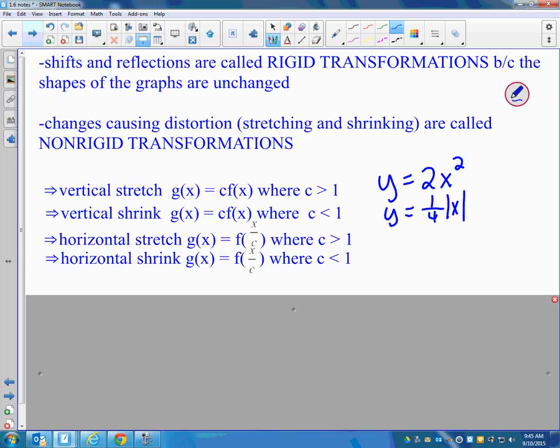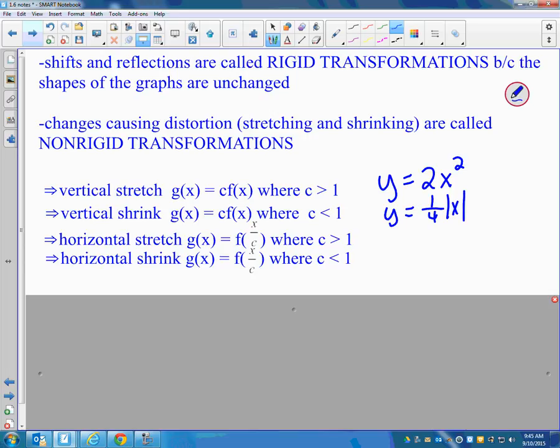One big thing I hope that you see is vertical, the numbers on the outside; horizontal, the numbers on the inside. And it's going to look like the stretch is when it's a smaller number, the shrink is when it's a bigger number, and I'll show you what I mean by that by an example.